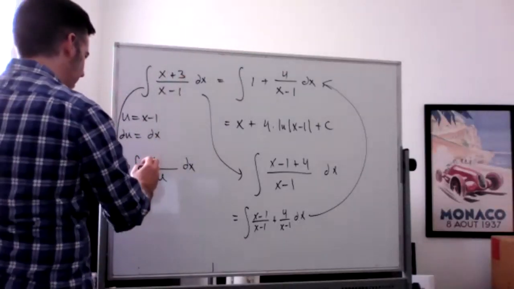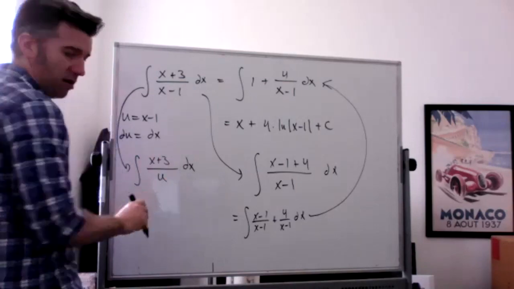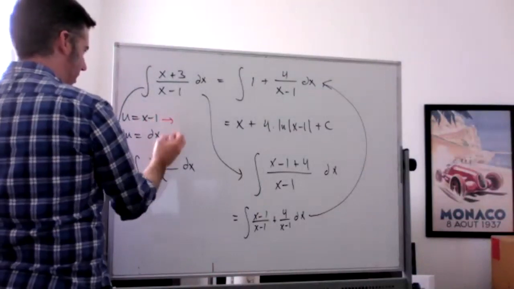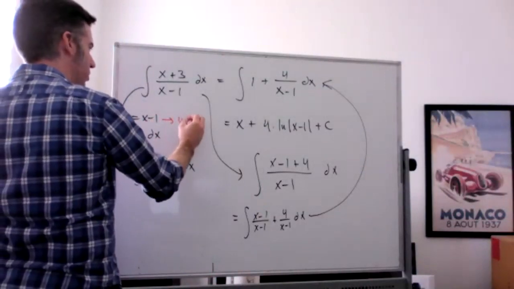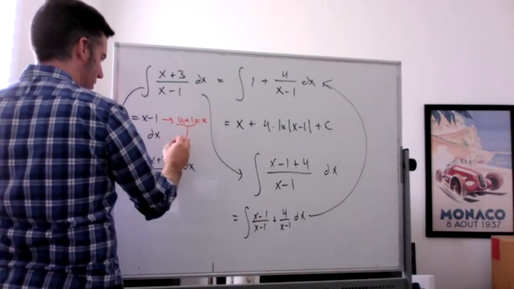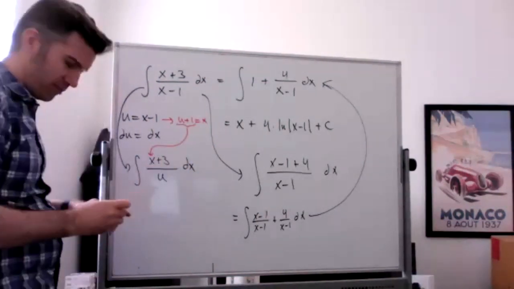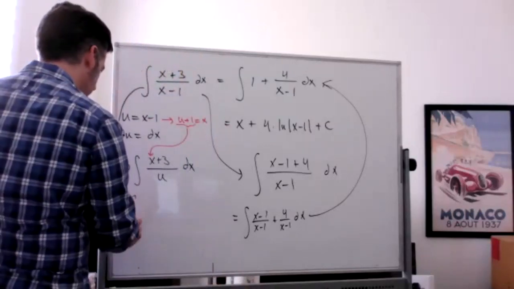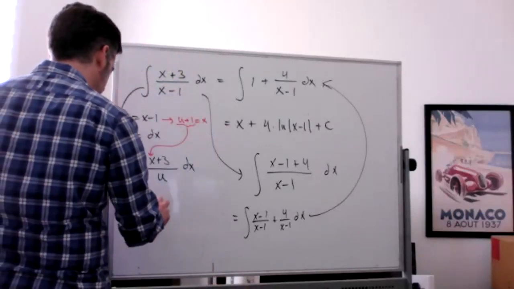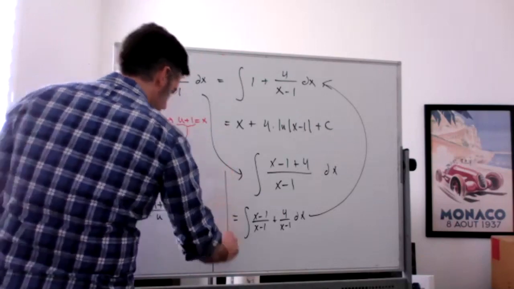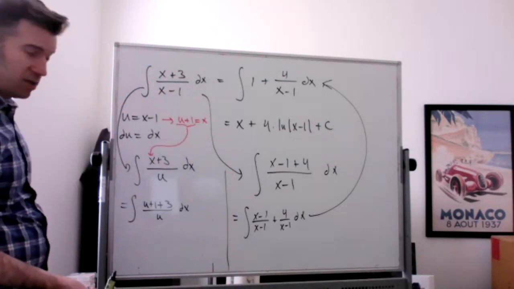So what I'm going to do with that x plus 3, I'm going to do what's called a back substitution, where I'm going to solve this for x. u plus 1 is equal to x. So this is what's going to go in for x right there. So this is going to equal the integral of u plus 1 plus 3 over u. u plus 1 plus 3 is just u plus 4.